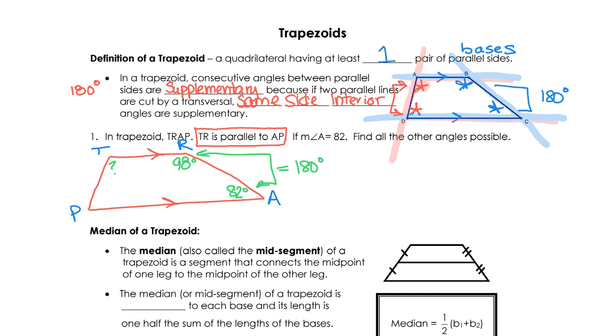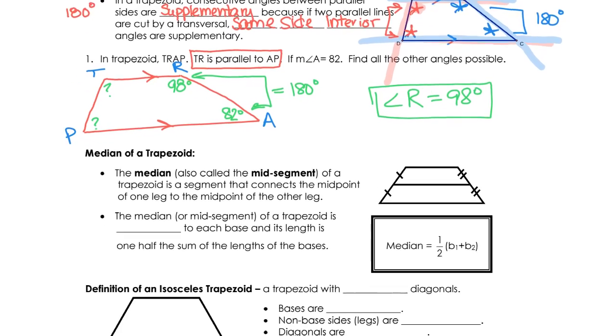We don't know what these other ones are. If we knew one of them, we could fill in the other, but we don't know how to split 180 between those two angles. They could be anything. They have no relationship between what angle R and angle A are over here. So that's the only one we can find. We could just say angle R is equal to 98 degrees. And that's it. Okay, let's see what the next one is.